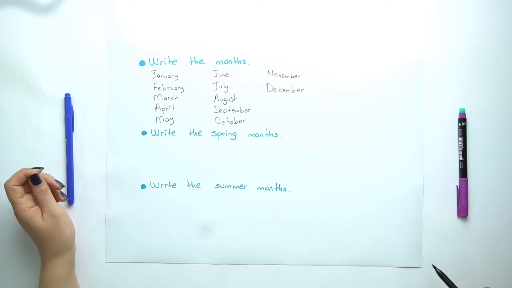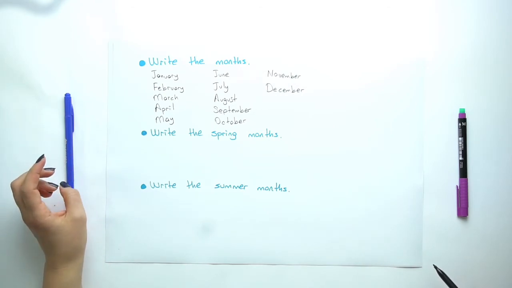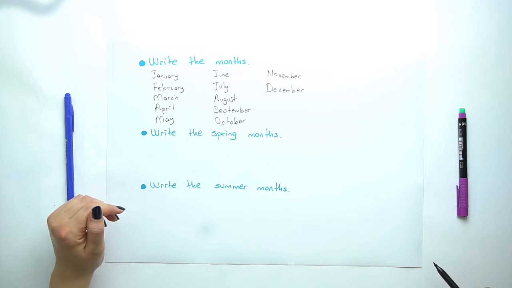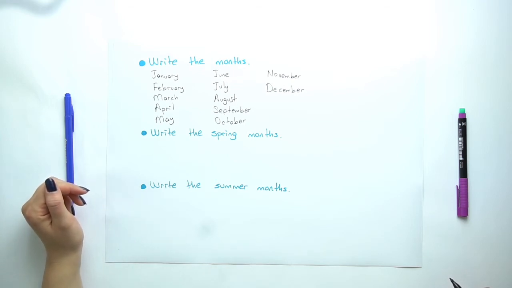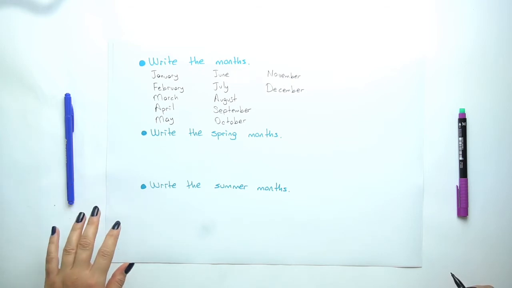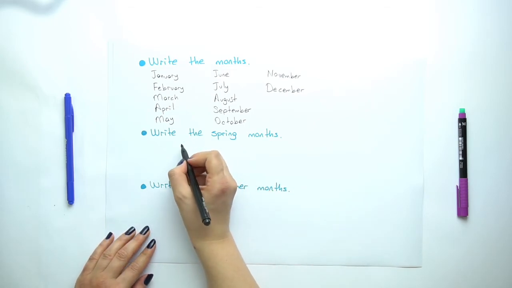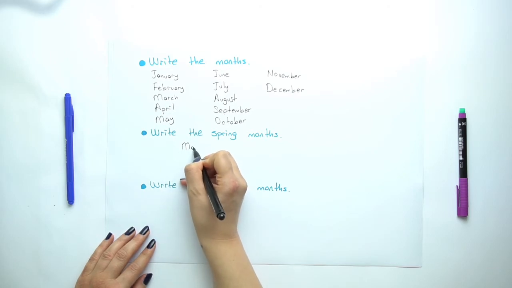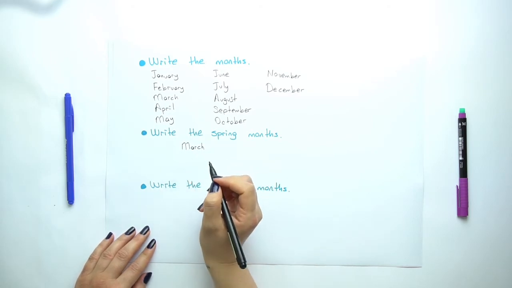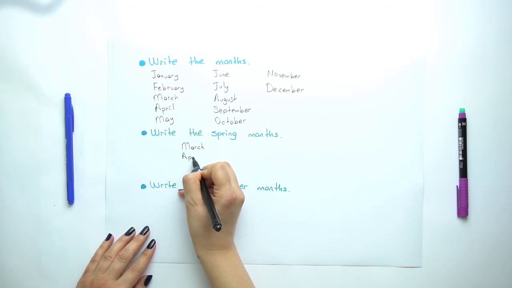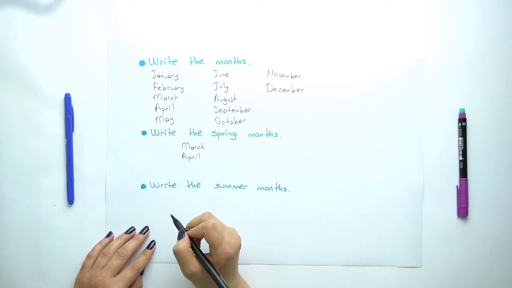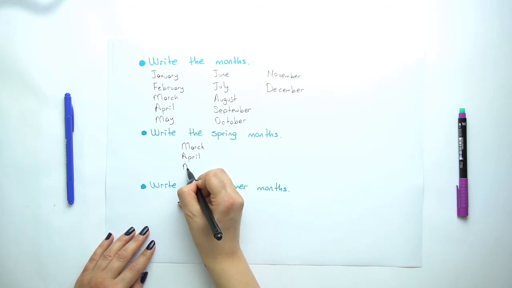Now, another one, write the spring months. Okay, so there are 3 months in each season. Okay, so first one, it's March. Then what comes next? It's April. After April, what do we have? May.